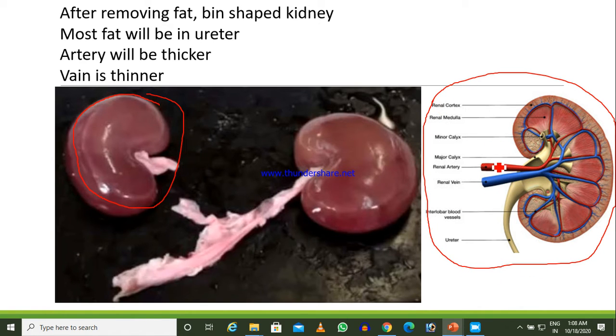The top vessel is the renal artery, the bottom one is the renal vein, and this is the pelvis. Here you can see most of the fat is deposited. This is the ureter, and this is the renal artery, and this is the renal vein.